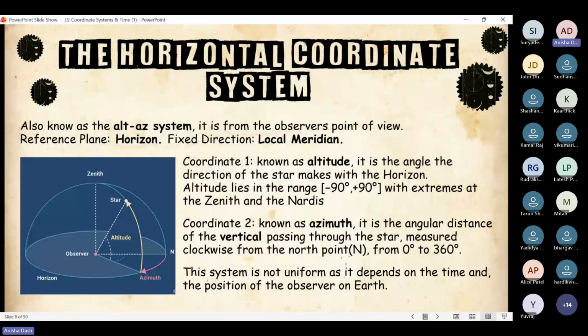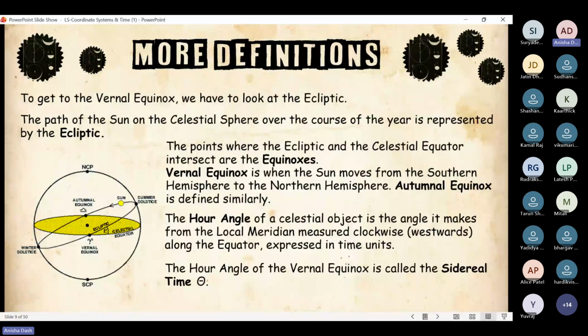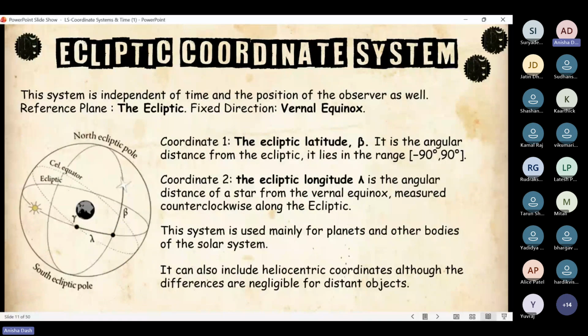Thanks. Okay, so the ecliptic coordinate system is mainly used for objects in the solar system. It's very useful for defining and research on the solar system. The reference plane in this case is the ecliptic, and the fixed direction is the vernal equinox.